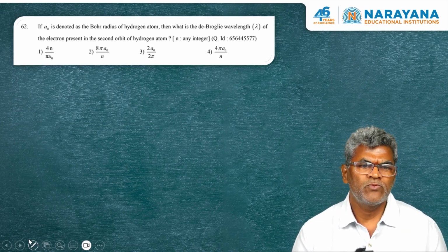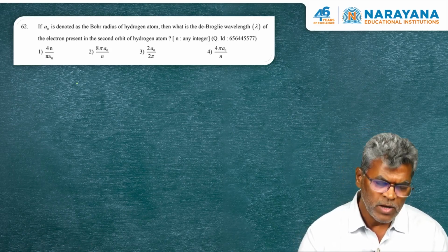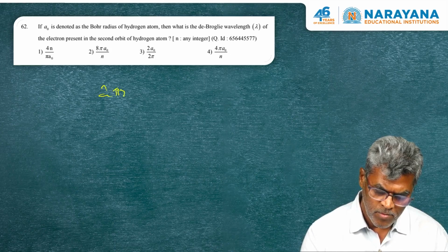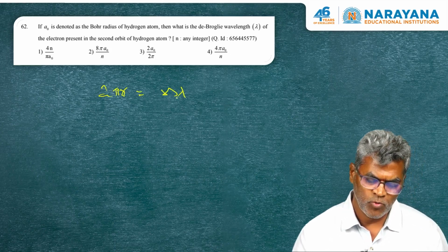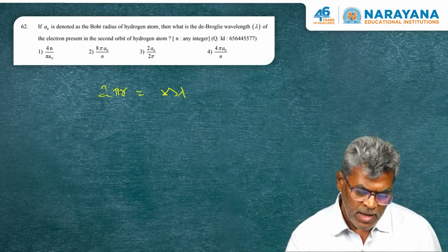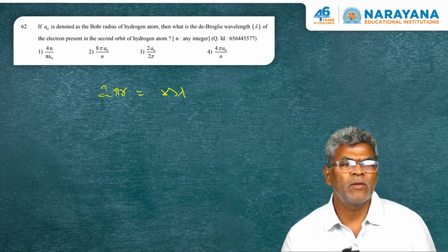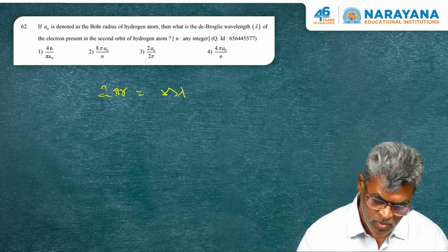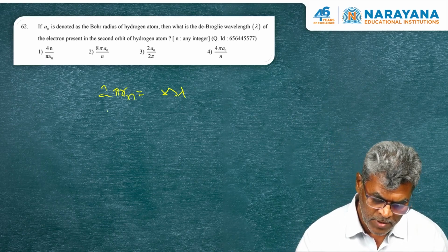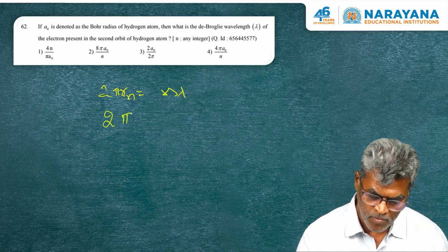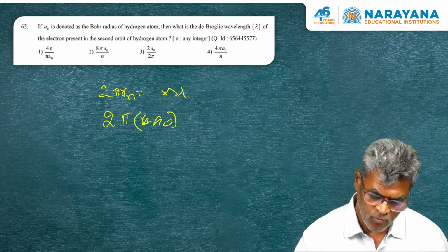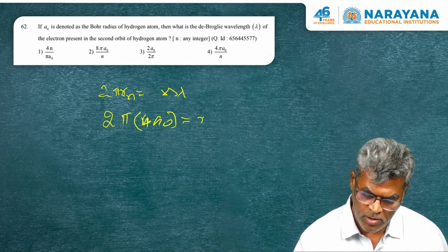62. This is de Broglie's wavelength. Here, as we know, 2 pi r is equal to n lambda. In the question they have given de Broglie's wavelength and the second orbit, that is why this is the nth orbit. 2 pi into 4 a naught, which is already given, is equal to n lambda.